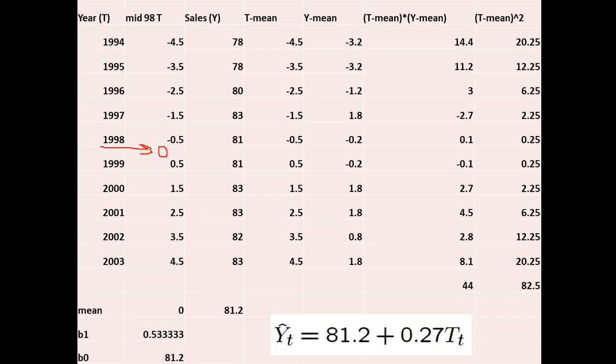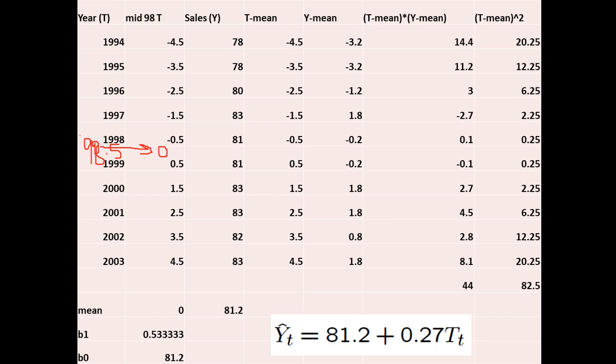So 1998 will be 0 minus half. Mid-1998, 1998.5, is a base year.